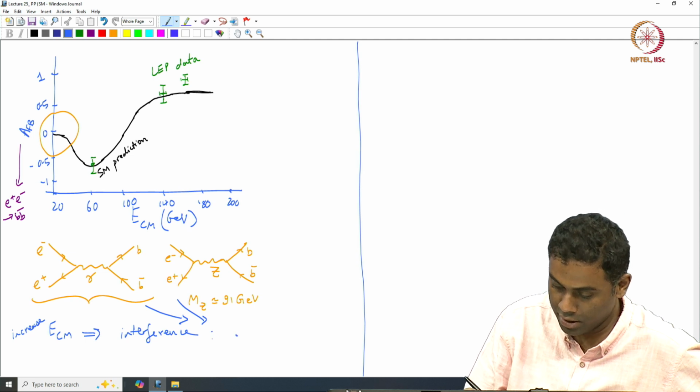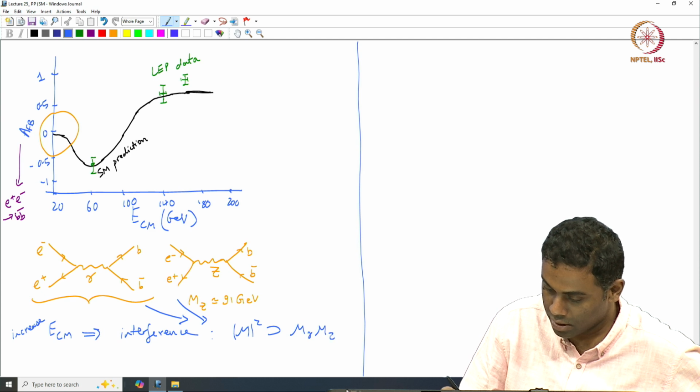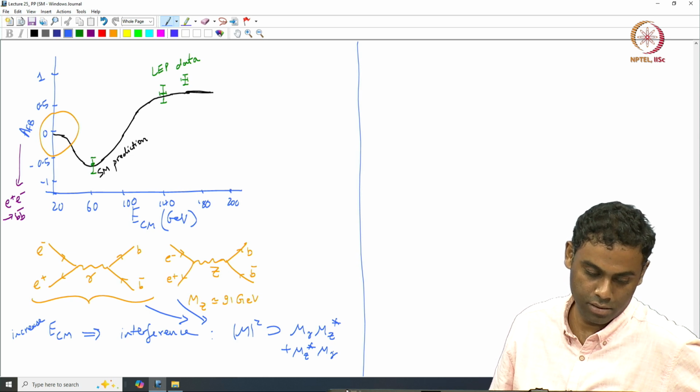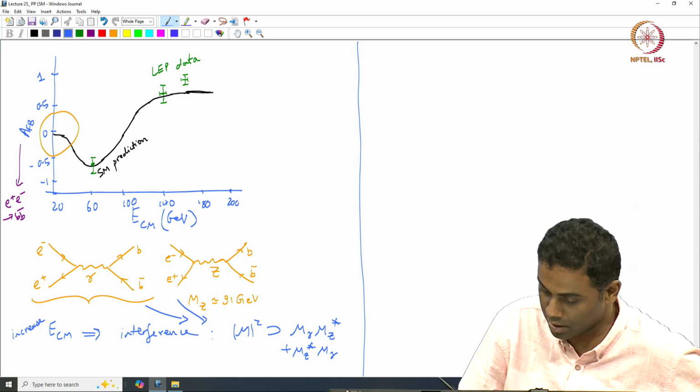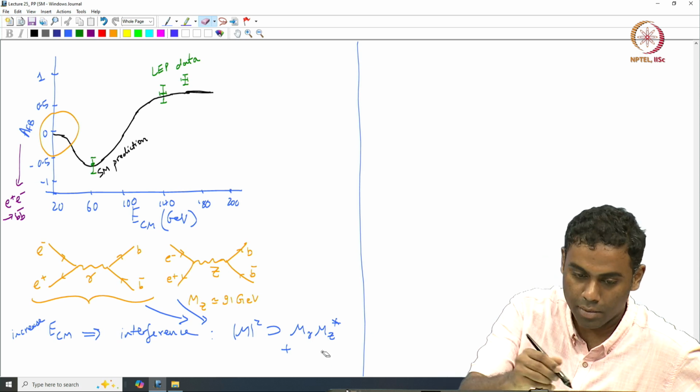Or said differently, your M squared is going to contain terms like these, right? M gamma M_Z star plus M_Z M gamma star, where star is the complex conjugate. Sorry, I'm writing this slightly wrong.